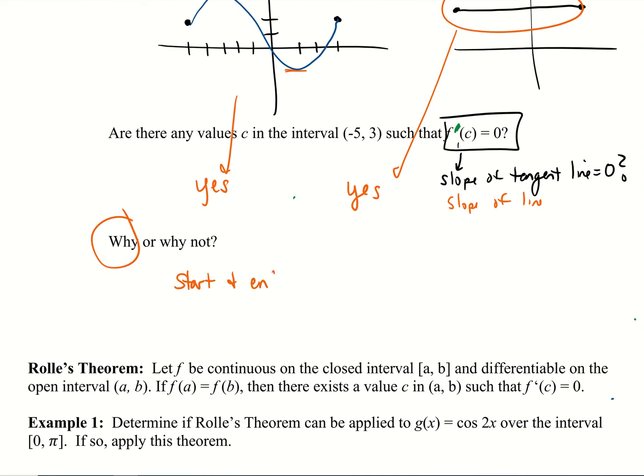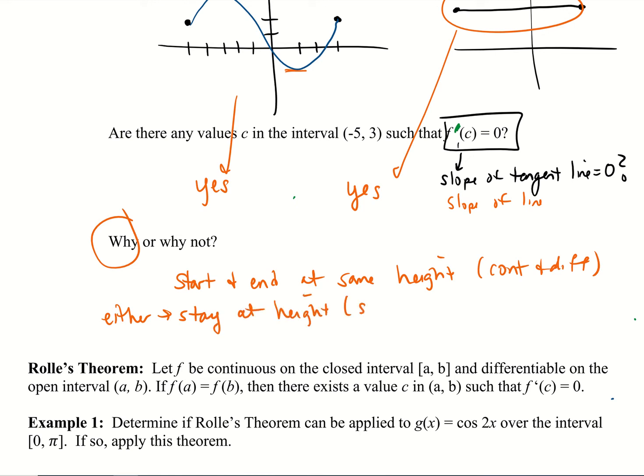If we're going to start and end at the same height, and it is continuous and differentiable, then either we need to stay at the same height, which would have a slope of 0, because it'd be a horizontal segment, or if we moved up above or below, we would have to have relative extrema.